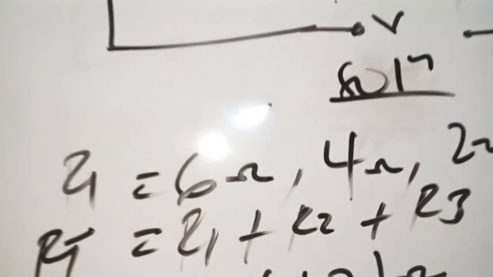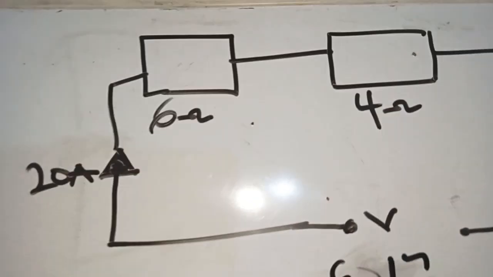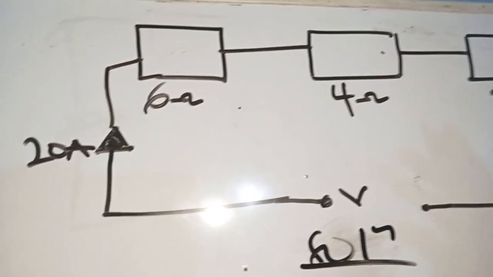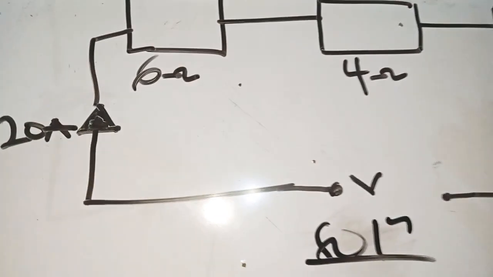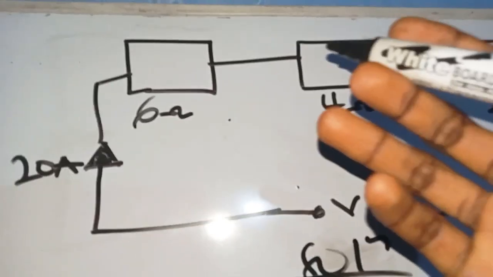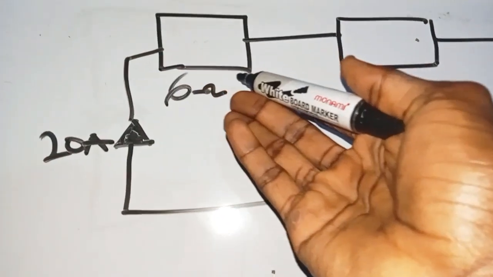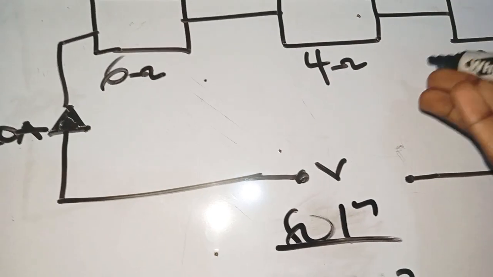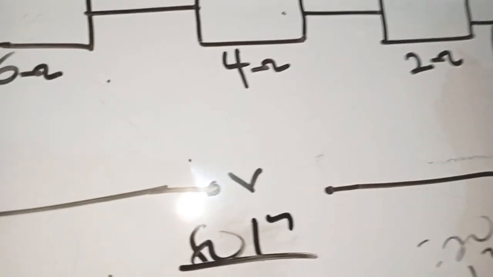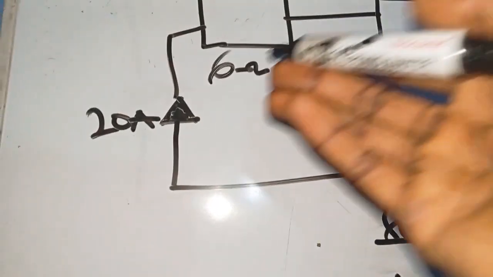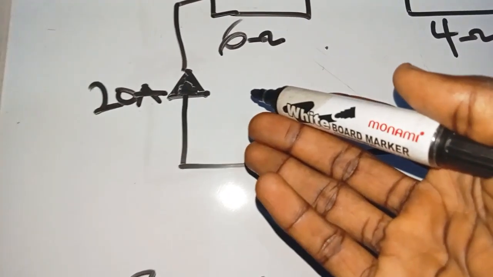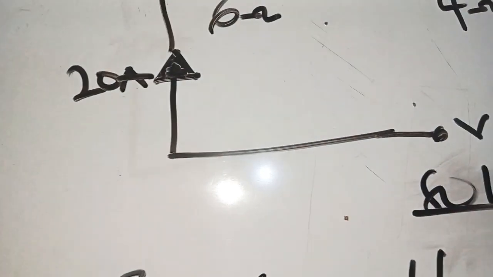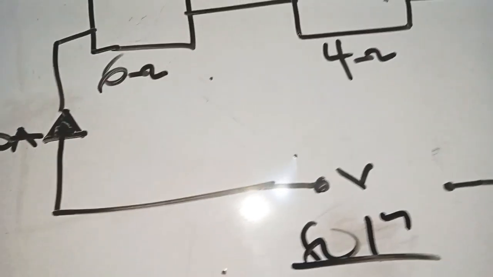I will explain it again. Our components, which are the resistors, are connected in series. We have 6 ohms, 4 ohms and 2 ohms, and our current is 20 amps. We are asked to find the voltage.